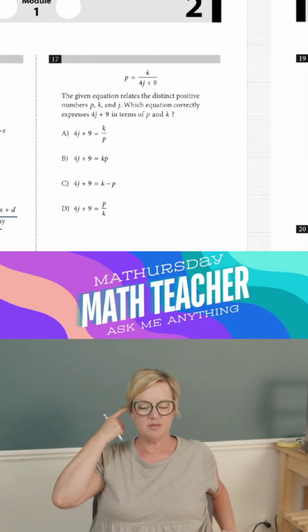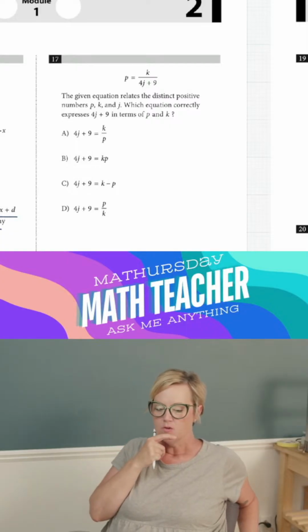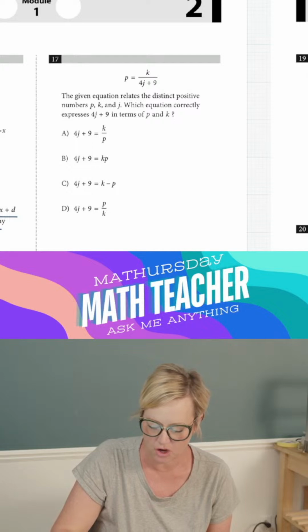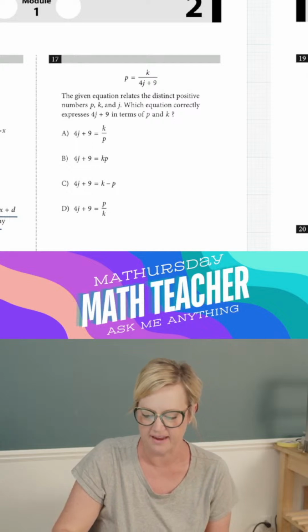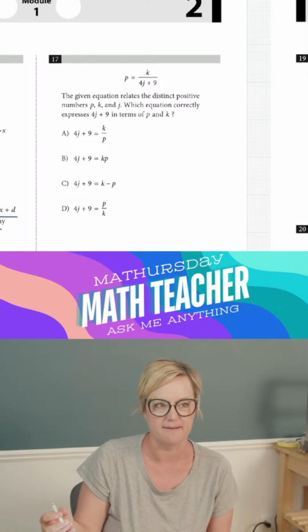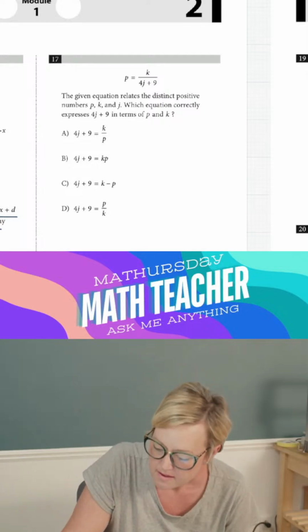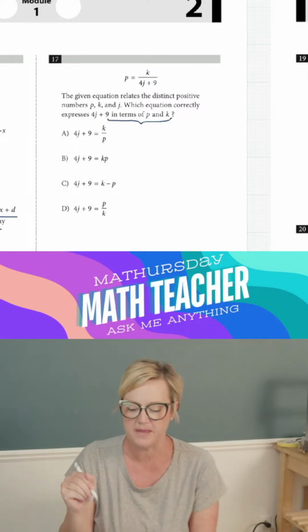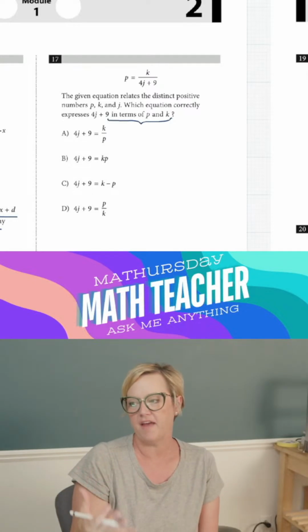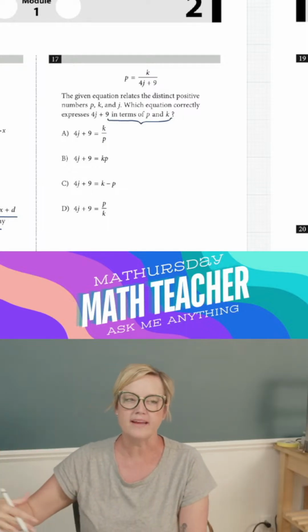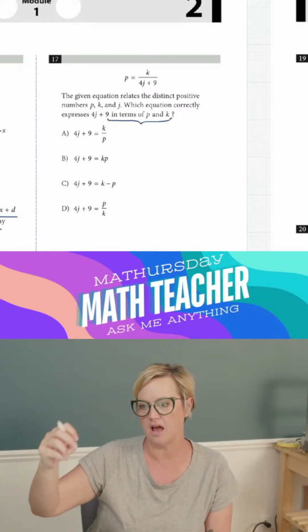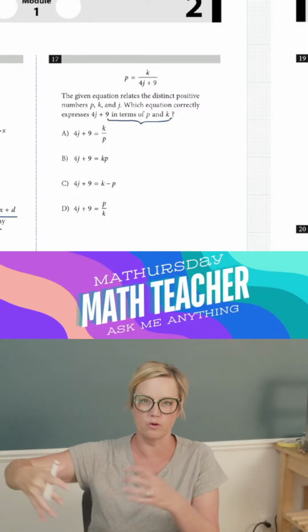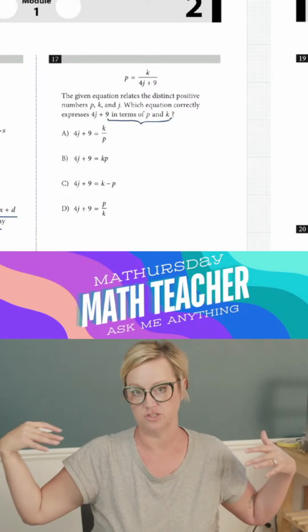Okay, so this question brings up something that trips up my students a lot, and it shows up in a lot of standardized tests. It's this phrasing right here, in terms of P and K, or in terms of X, or in terms of A. When you're saying in terms of, it means that's what it should be equal to, or those things should be in your answer.